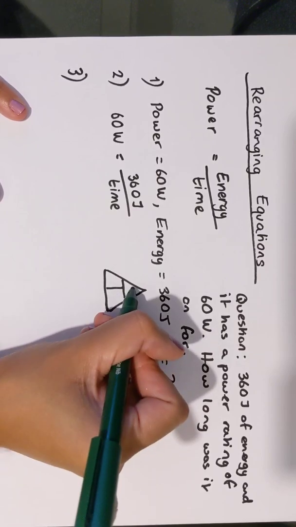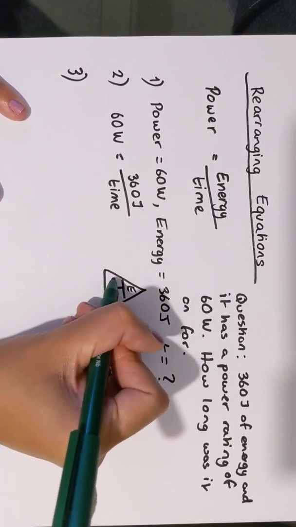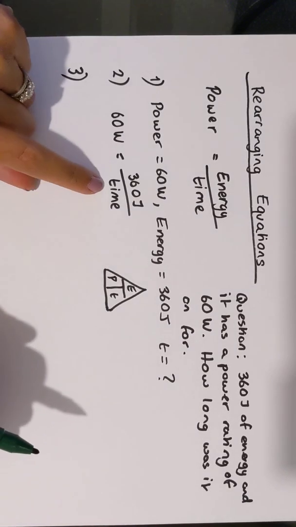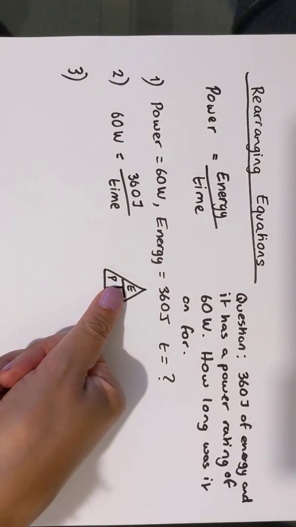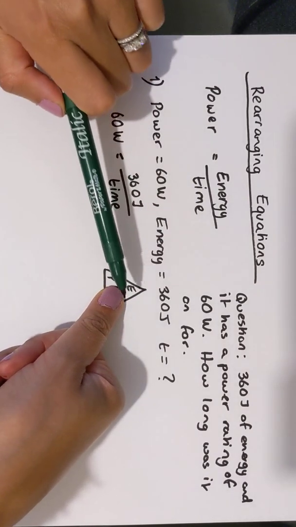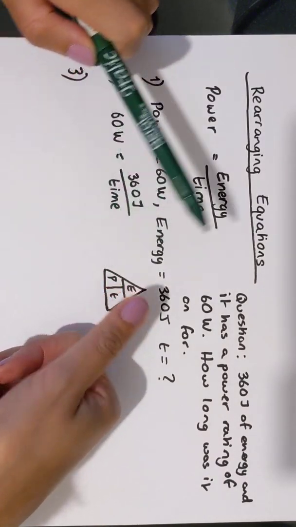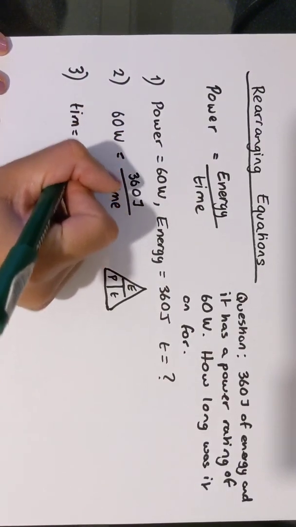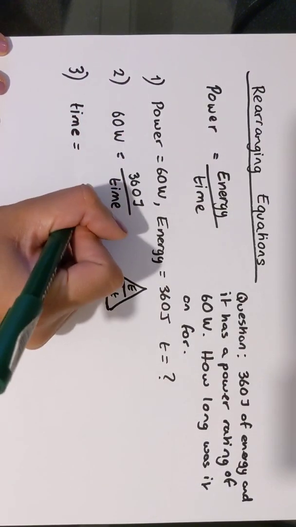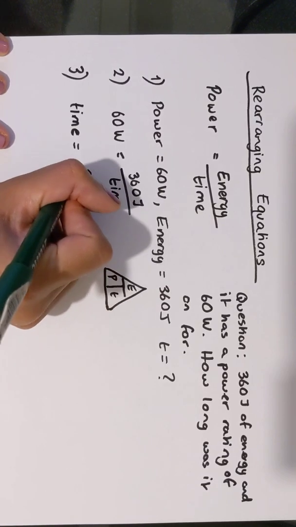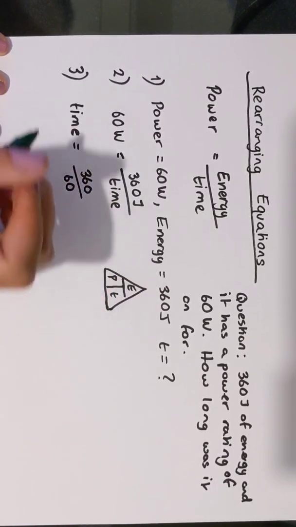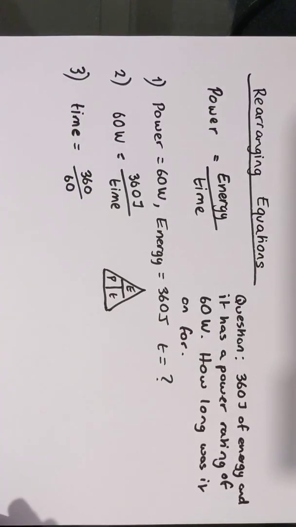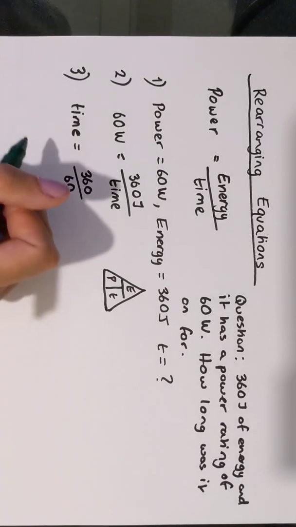In this scenario, energy goes on top and power and time go on the bottom, and we're solving for time, so we'd cover up time, and that would leave us with energy divided by power. So I could rearrange it now saying time equals 360 divided by 60, and then you calculate. Okay, so that's using a formula triangle.